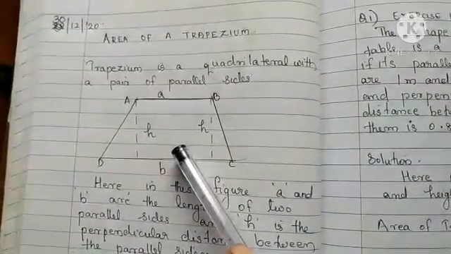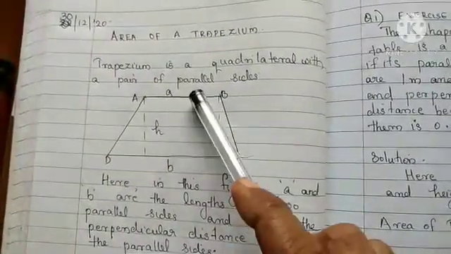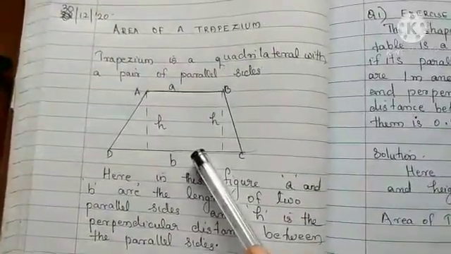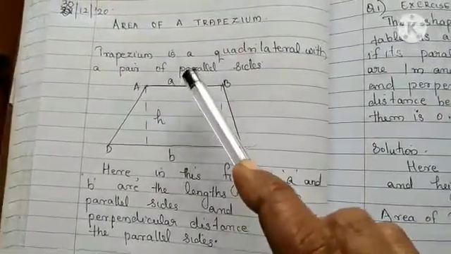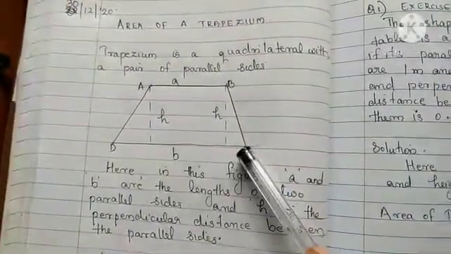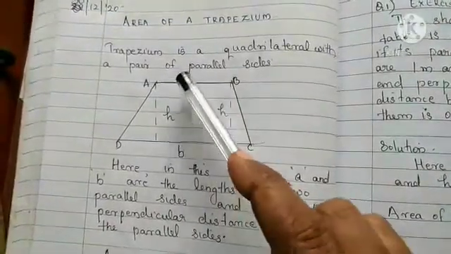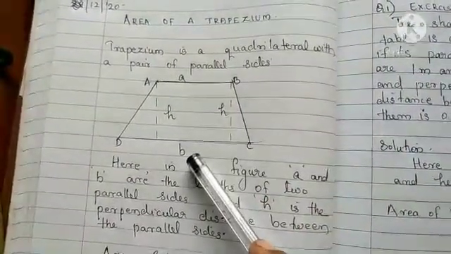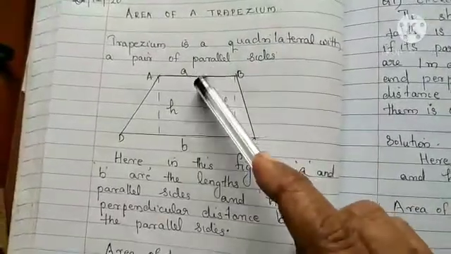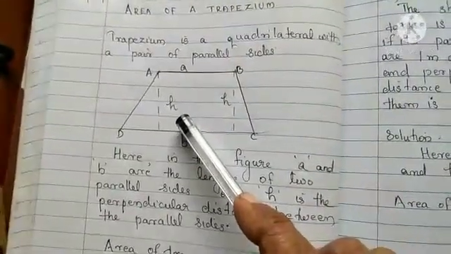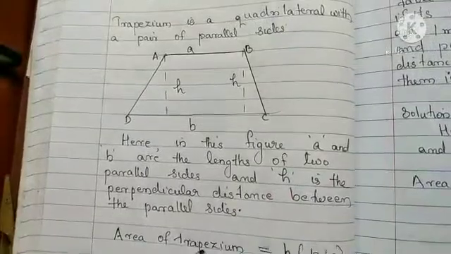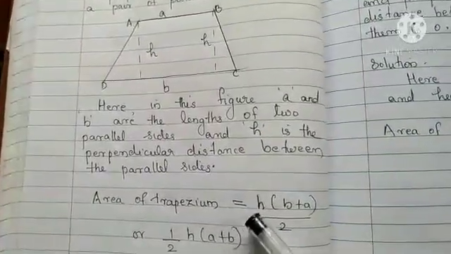So here this is a quadrilateral with a pair of parallel sides. That means it is a trapezium. Here A and B are the two parallel sides, and H is the perpendicular distance between A and B. We need A, B and H to find the area of this trapezium. What is the formula we told?